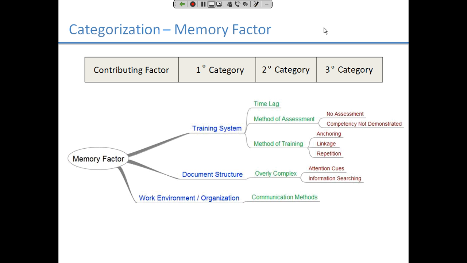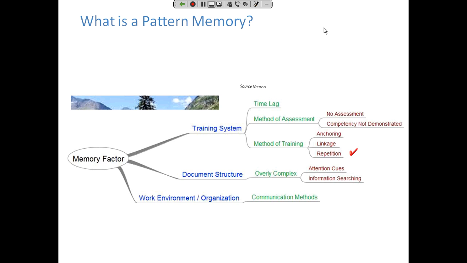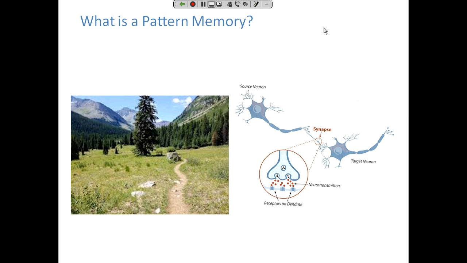And the column to the far right with the third level categories are essentially those ideas, those opportunities that we have to put in place actions that will improve a particular situation that was triggered in a deviation. If you take a look at repetition as an example, pattern memory is fundamental to getting folks to work at a skill-based level.